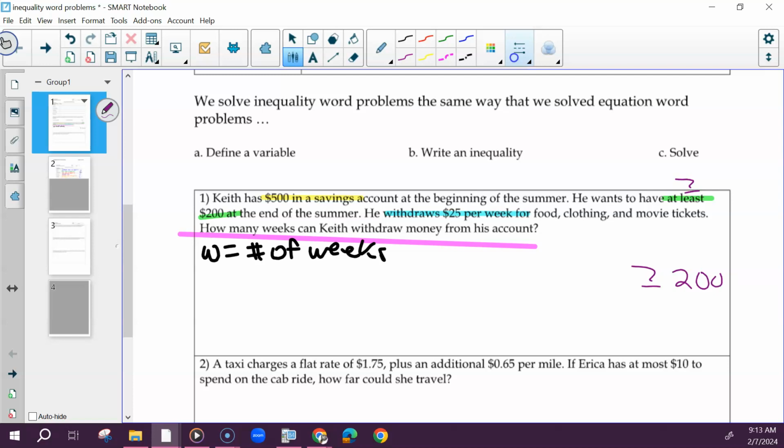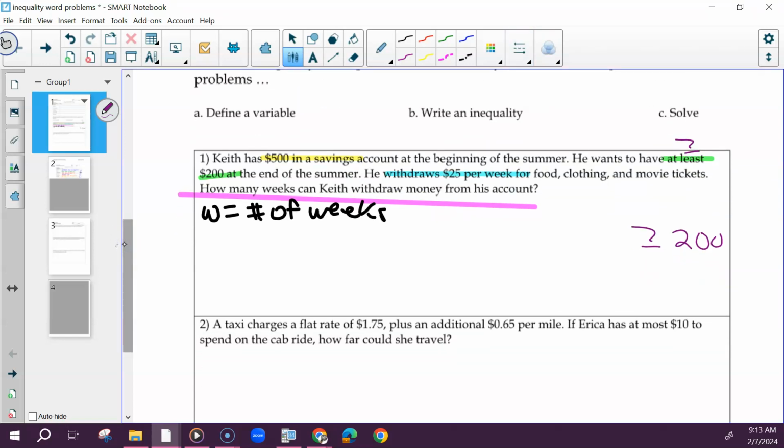Then we have to pick out the rest of what is happening. Operations, withdrawals. Which operation would that be? Subtraction. And then anytime you see the word per, that's going to be multiplication. So we have 500, we have 25, we're subtracting, we're multiplying, and we need our variable.